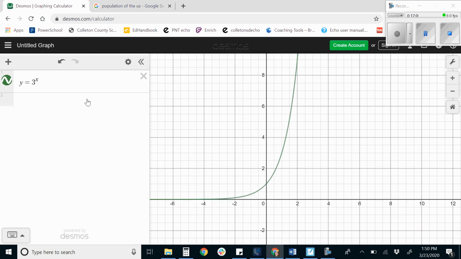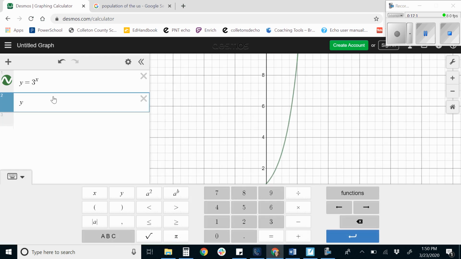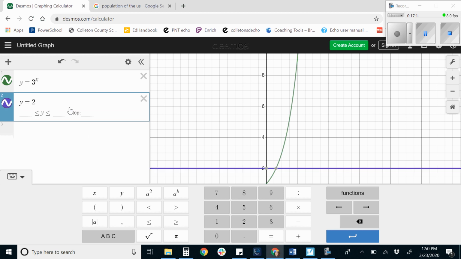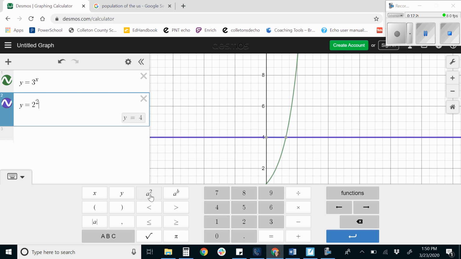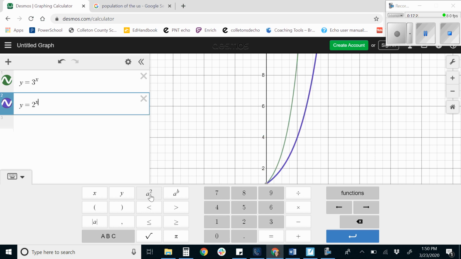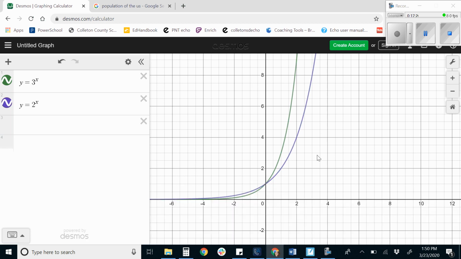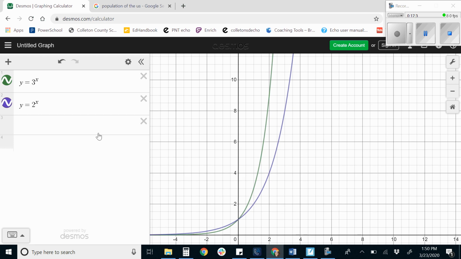And for comparative purposes, I'm going to go back and regraph 2 to the x. So the purple one is the first one we graphed. The green one's the second one we graphed. Look how much steeper that is.